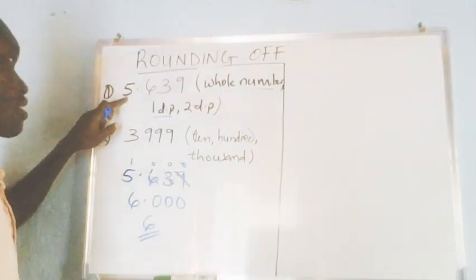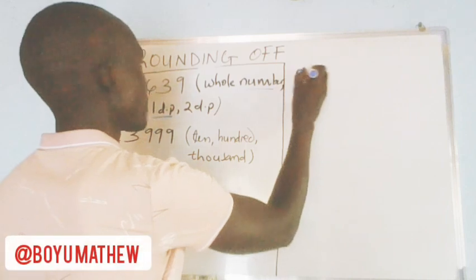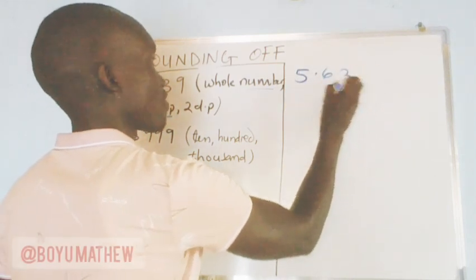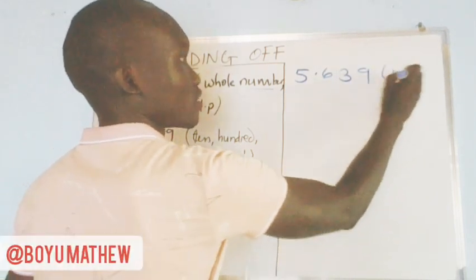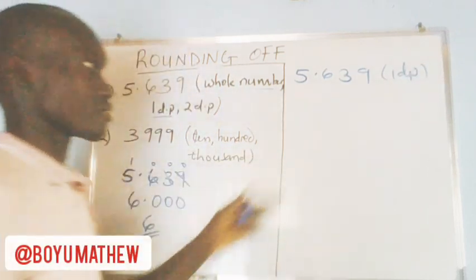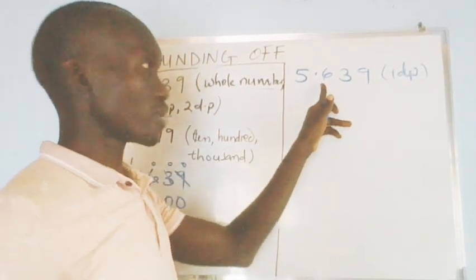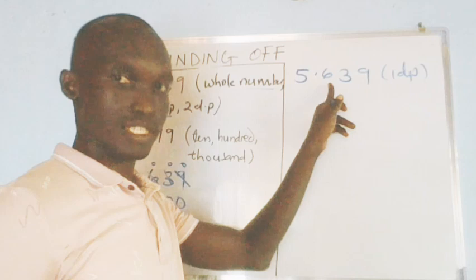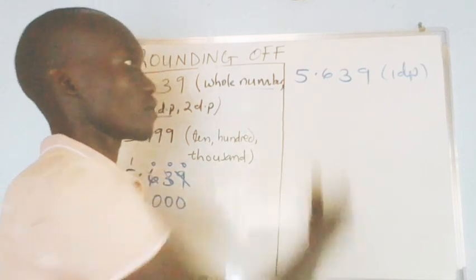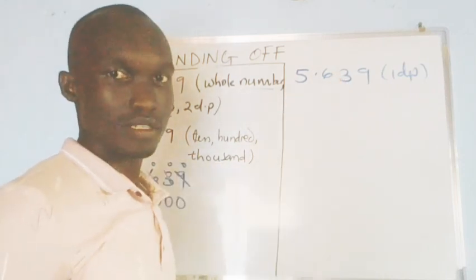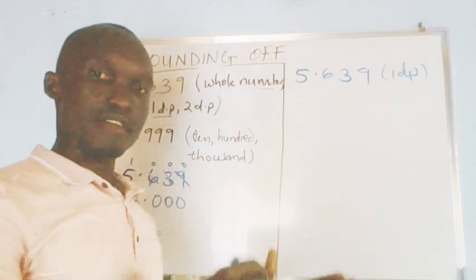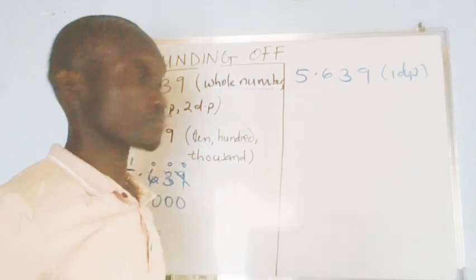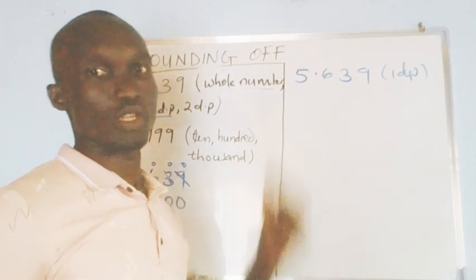Now this number rounded off to 1 decimal place will be 5.639. This is to 1 decimal place, this is to whole number. Now we look to the number which is on the left of 6. And you ask yourself, is it 5 and above or is it below 5? In this case, we have 3, which is below 5.